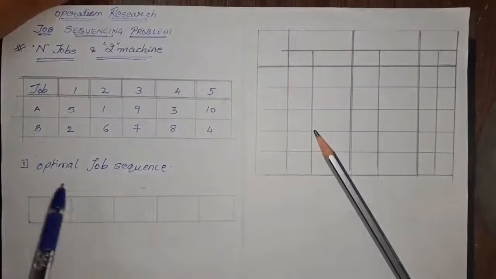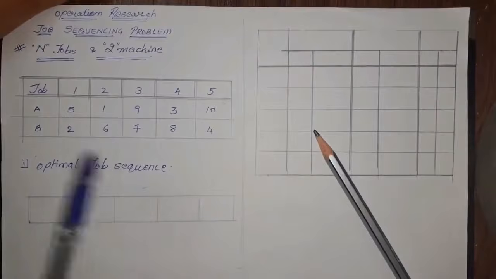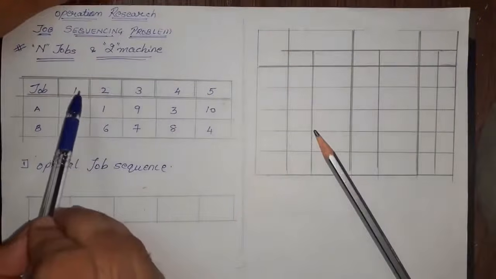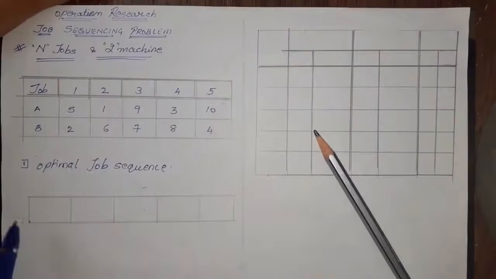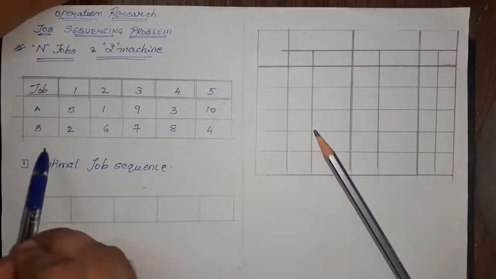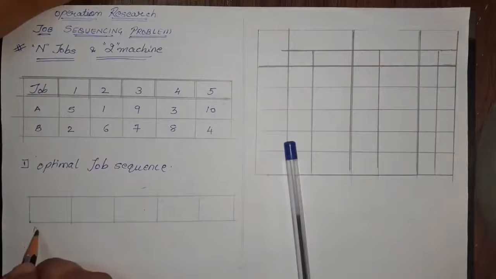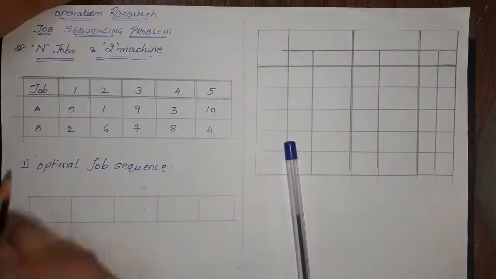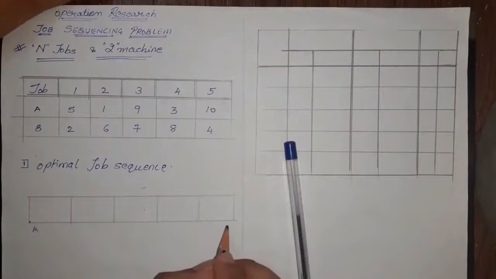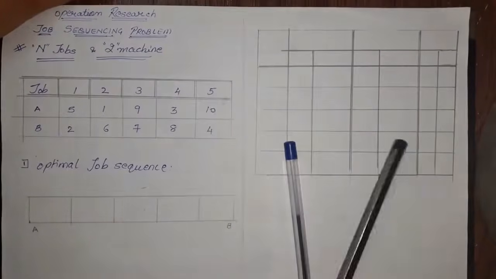In order to find the optimal job sequence, we need to create a table. There are 5 jobs available, so we'll create a table which will have 5 columns. Remember, if there are two machines, the left side of the table will represent machine A, and the right side will represent machine B.